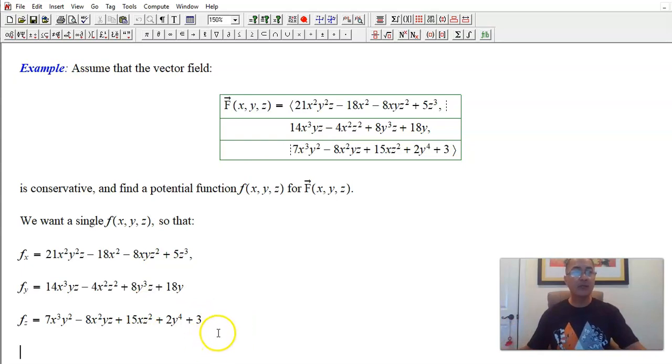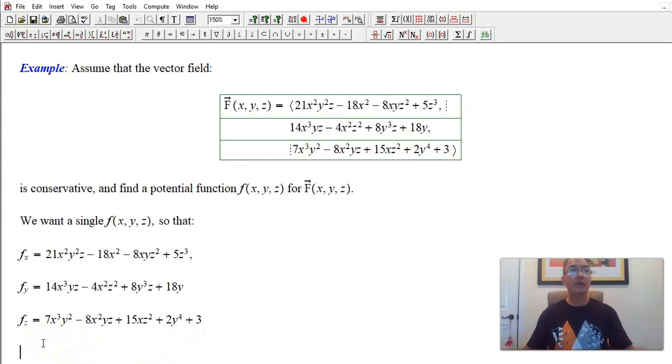So the strategy will be, let's work on the component with the most number of terms, 5 terms. So we get the biggest possible f that we can get just from the first step. It's going to grow, it's going to change as we work on this.